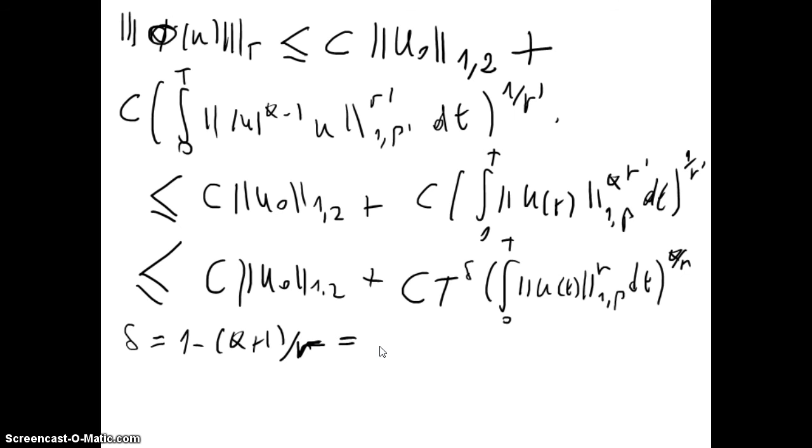This will be equal to 1 minus ((n minus 2)(alpha minus 1)) over 4.